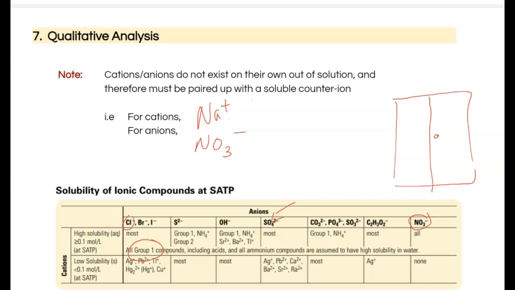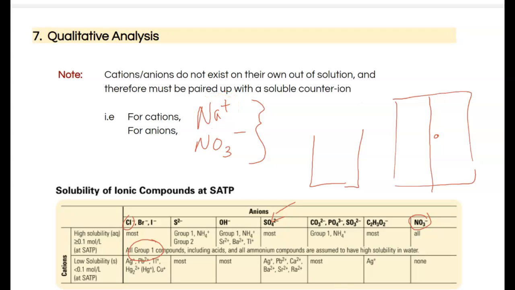So what do I mean by this? Well, in the last question where we had to add sulfate to our 2 beakers, I'm not actually going to be able to add sulfate because I can't find sulfate on its own. I need to find it in compound form. But I want to make sure that I'm adding something in compound form where the cation is not going to cause the precipitation. And so a good one to use there would be sodium.